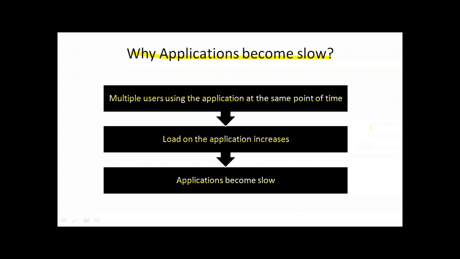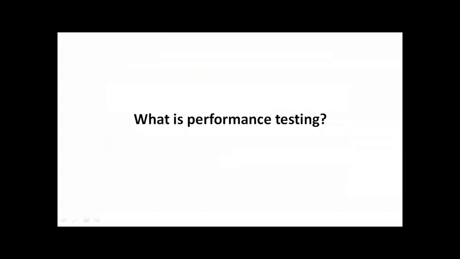But when we see the future topics in the project, we start realizing that sometimes, even when there is no load, if it's not properly designed, the applications can be slow. But that's a different story. In general, when the load increases, the applications become slow. When I said load, what do I mean by load? Multiple people using the application at the same point of time.